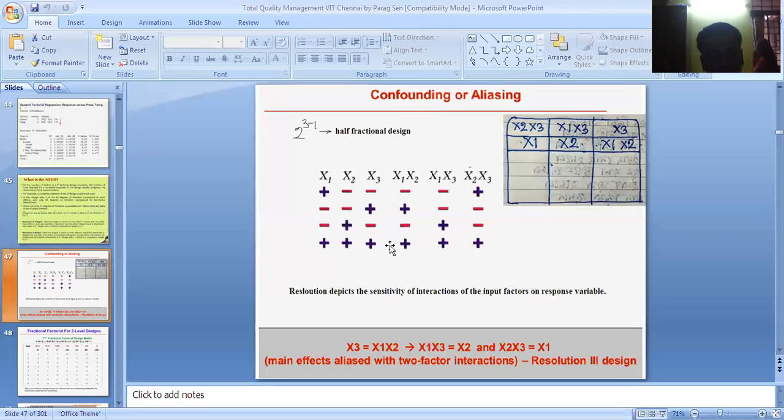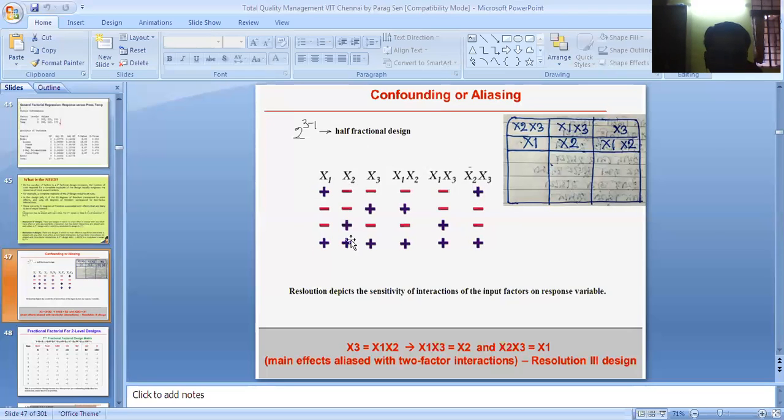and if you see the interaction effects, x1 cross x2, plus minus minus, x1 x2, if you multiply, minus minus plus, minus plus minus, plus plus plus. Similarly in case of x1 x3, or in case of x2 x3, minus minus plus.